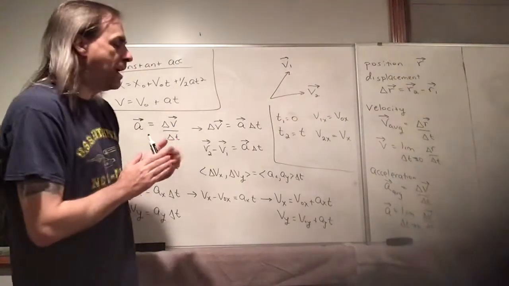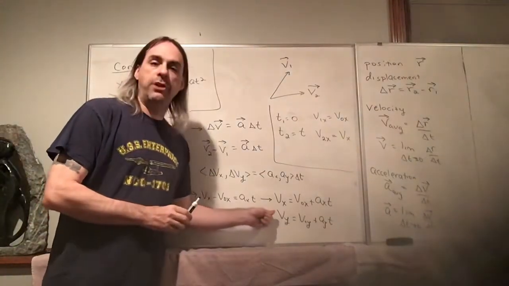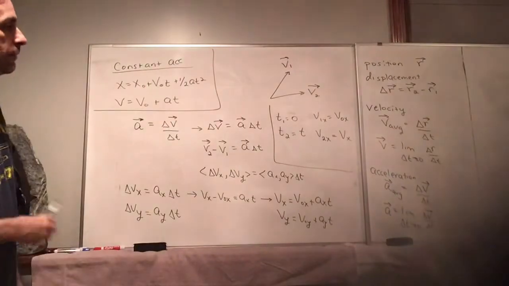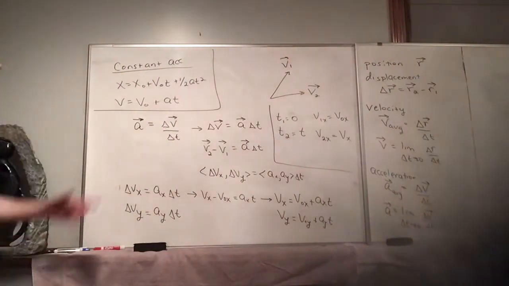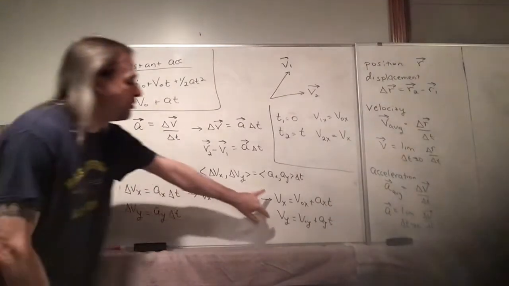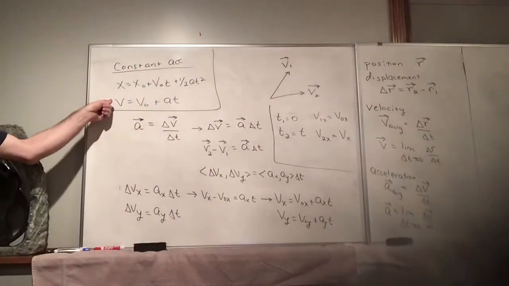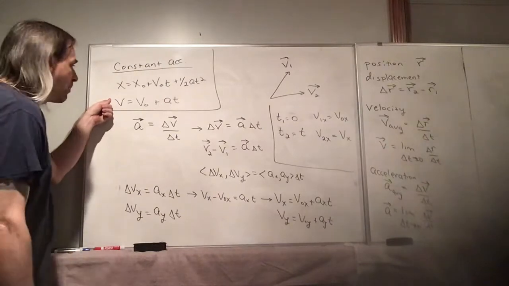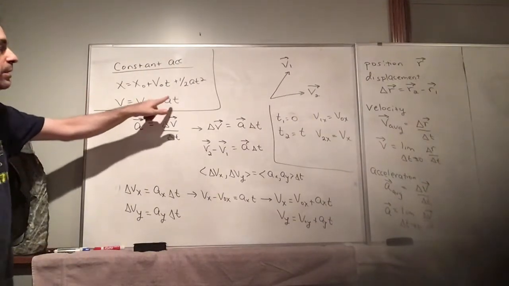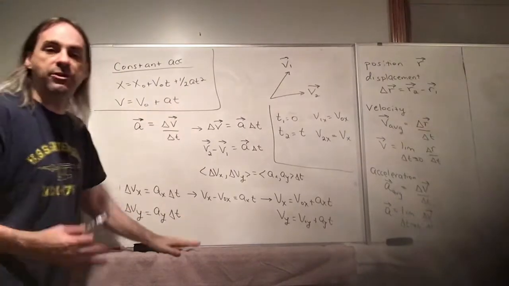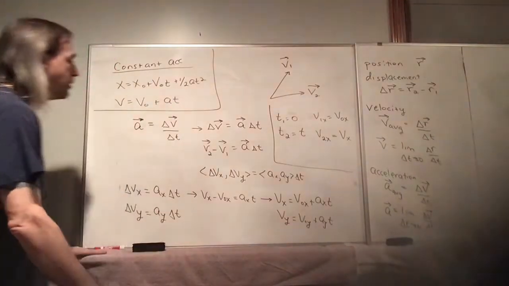Now, if you check your equation sheet, these equations are not on it, and there's a reason why. That'd be a waste of space. Because basically we have this one equation, just one for each direction. In the x direction, we have Vx equals V naught x plus Ax times t, and time is just time. It doesn't have an x or y component.